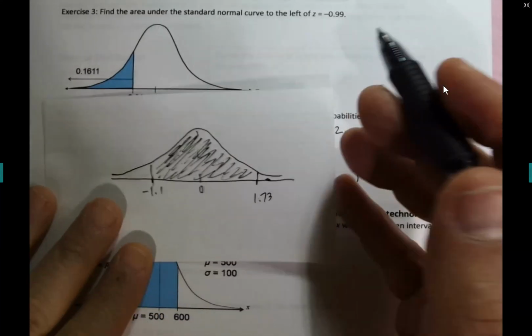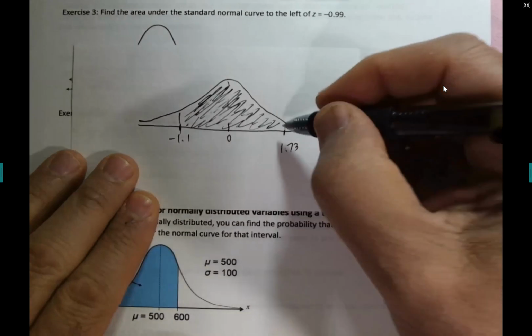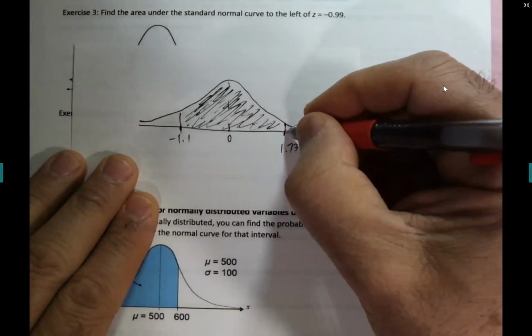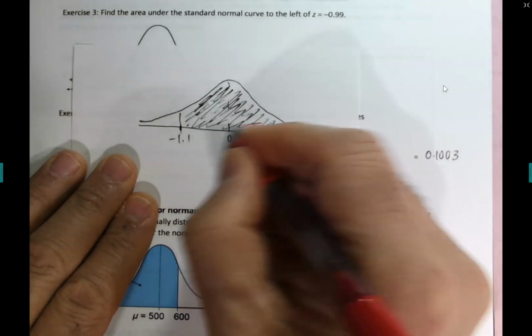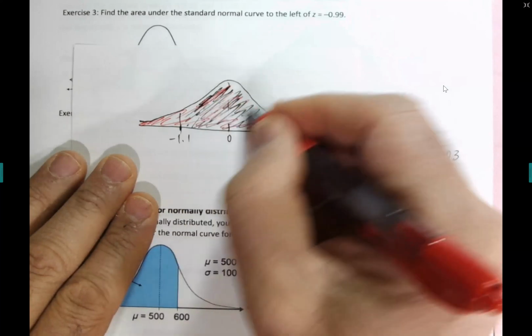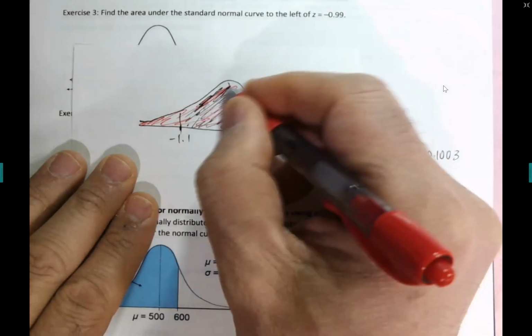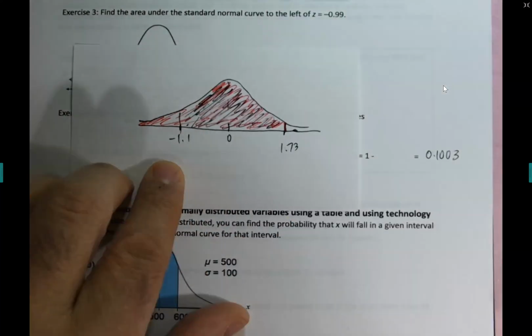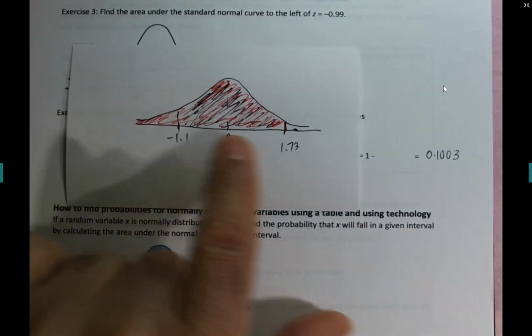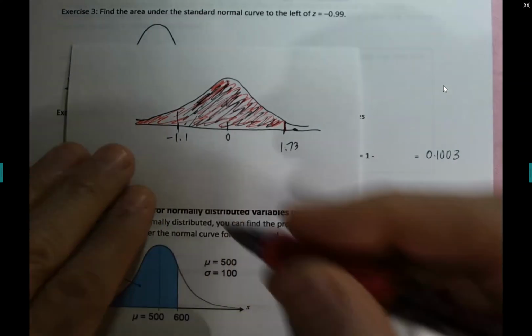He wants this area, guys. Look what you can do. You can find the area to the left of 1.73, which is going to be this. Watch, let me shade it. But I don't want all this area. I want the area from negative 1.1 to 1.73. So look what you can do.